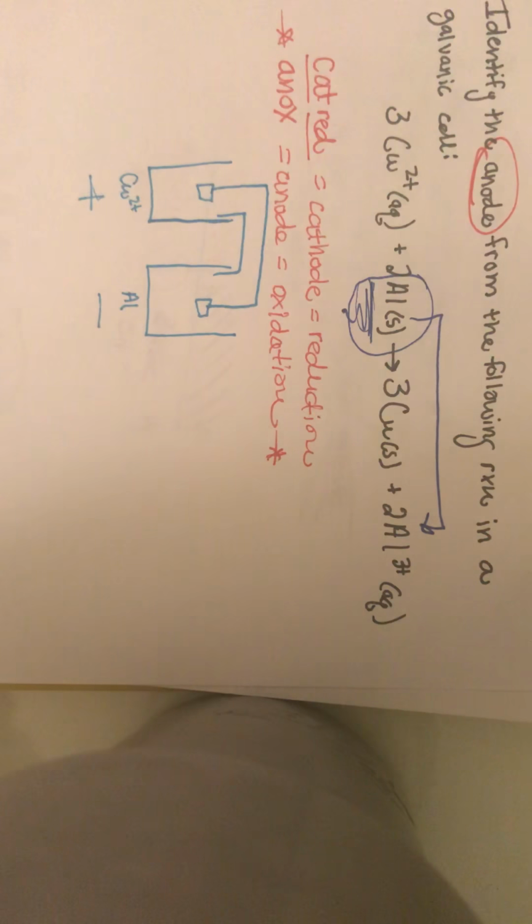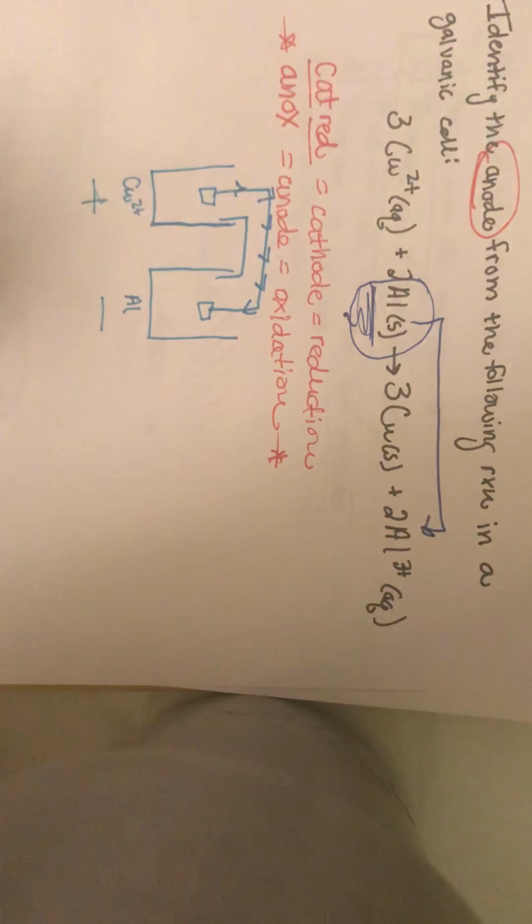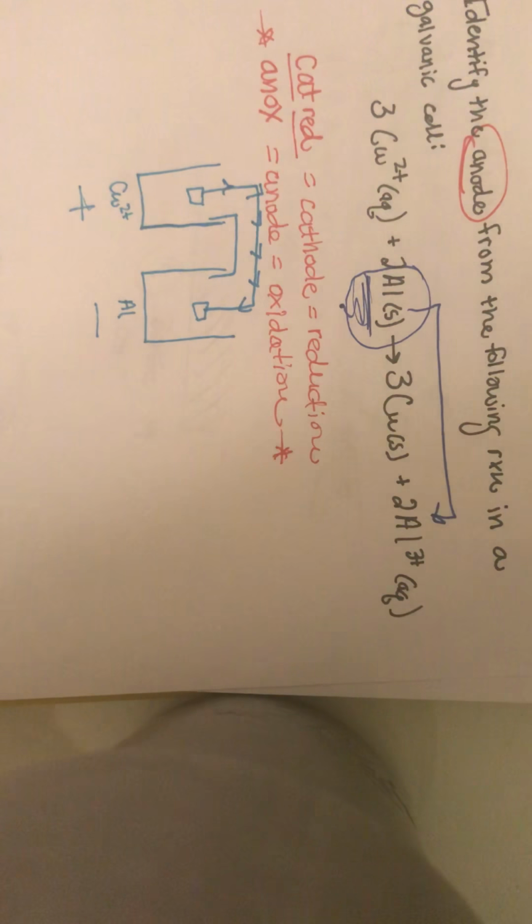And so that is also another helpful way if you can remember the drawing and just point the arrows, right? So aluminum, just plain old aluminum, would be the anode for this reaction.